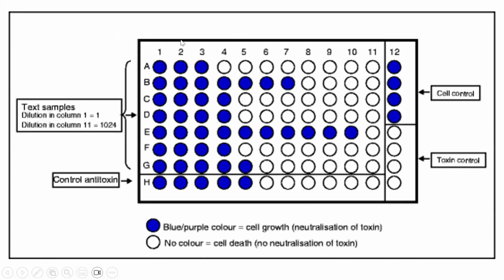So I added the sample here, and I keep diluting, I keep diluting, I keep diluting. And the titer is basically the last circle, if you will, or the last bit where we have a positive result. Okay, so in A, this is 3, this is the titer. And in B, this is 7, this is the last one. Okay, in E, this is D10.